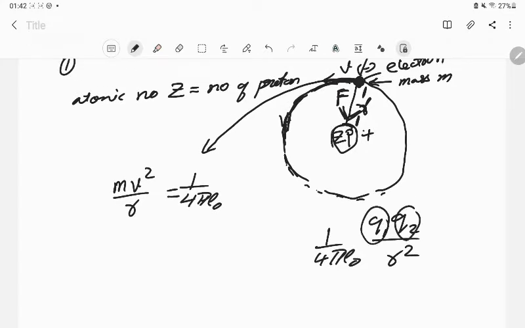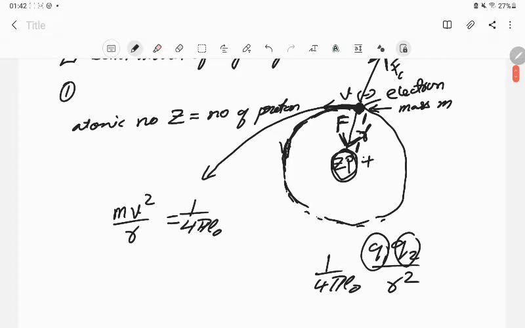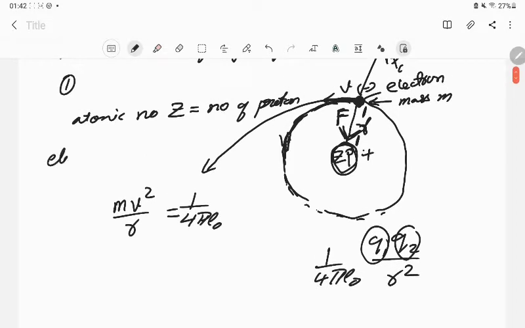So first charge is this one, nucleus. So electron and proton, they have the same charge, okay, but electron is negative e, proton is plus e. The magnitude is the same, only the sign is different.